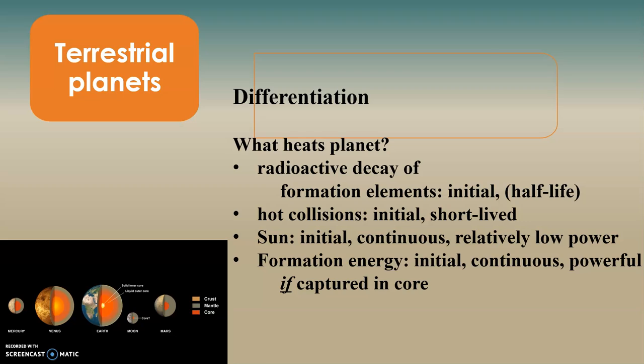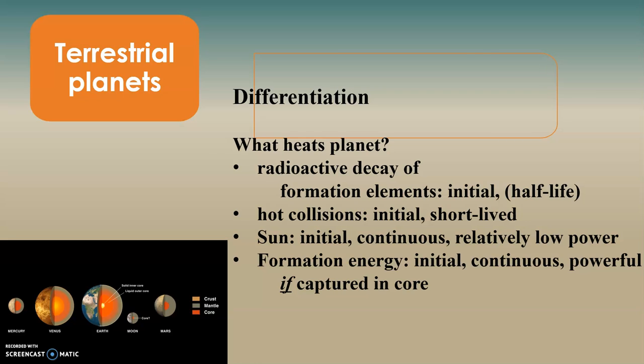You have a collision and then the extra energy can radiate out into space because everything radiates from a high energy area to a low energy area. So those hot collisions, very powerful, but short-lived. The sun, of course, is there from the beginning of the formation of the solar system, and it is there continuously. But when we think about it, it's relatively low power compared to having nuclear fission right on top of your planet.